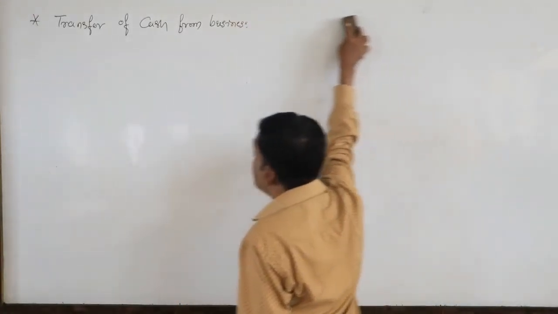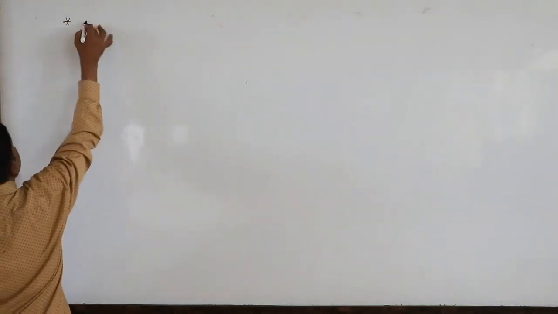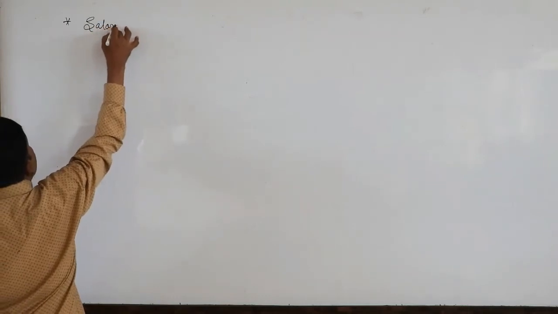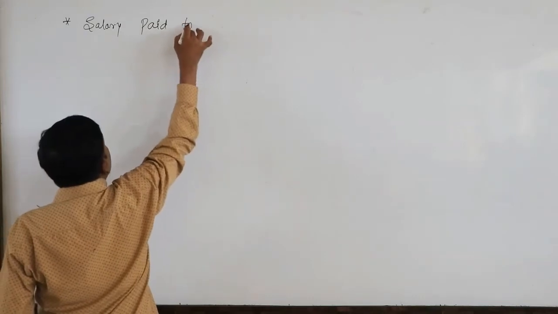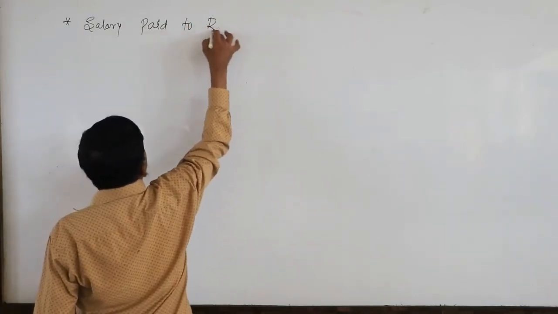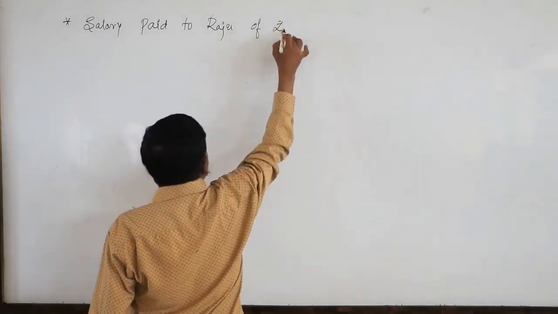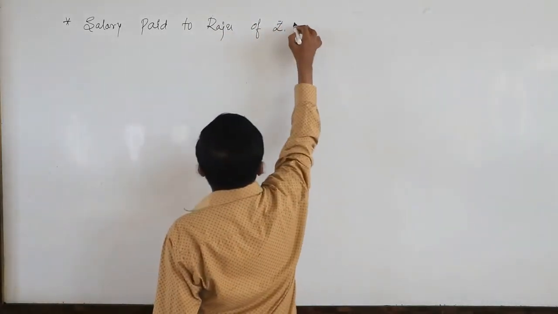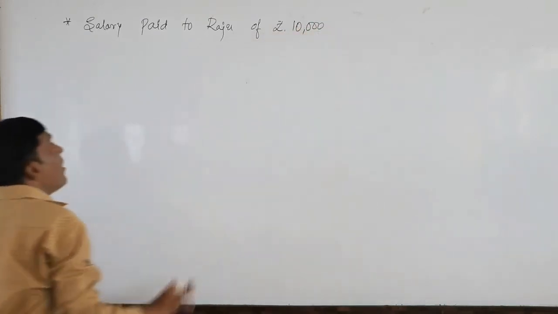In the last class we have seen it, but look here, salary paid to Raju of rupees, how much? 10,000. Salary paid to Raju of rupees 10,000.